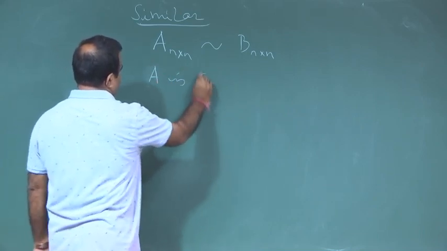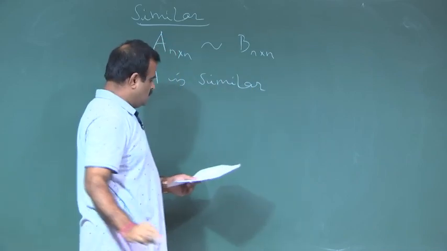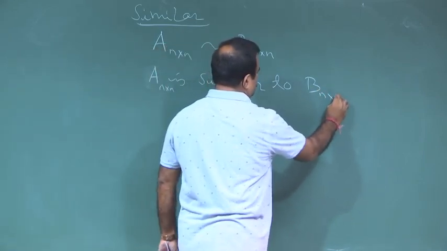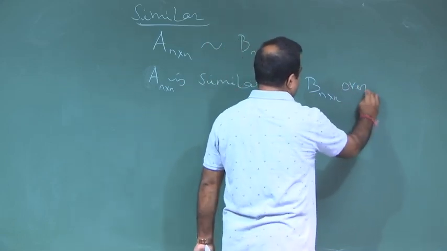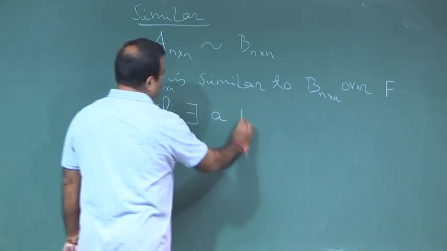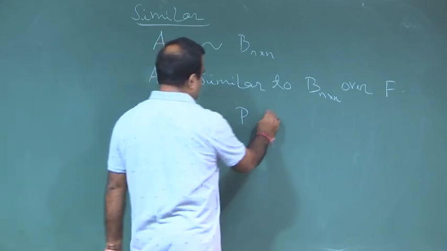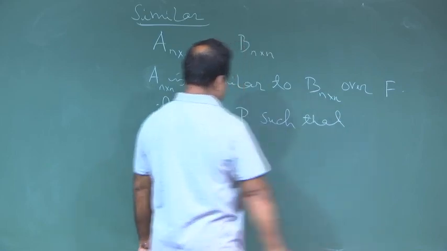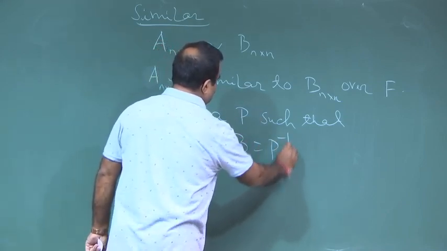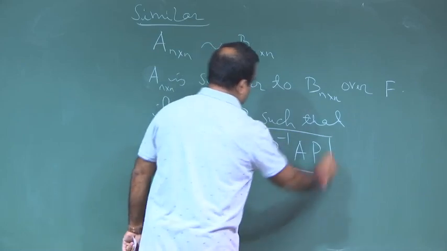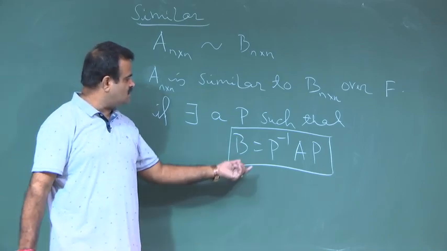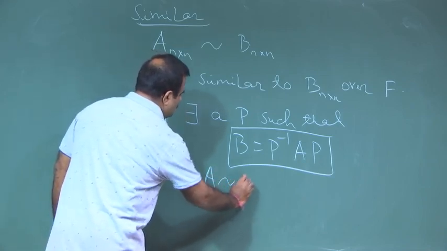The matrix A is similar to a matrix B of the same size over the same field, and that is important, if there exists a non-singular matrix P over the same field such that B is equal to P inverse A P. P is non-singular, so P inverse will exist. Then we say A is similar to B.